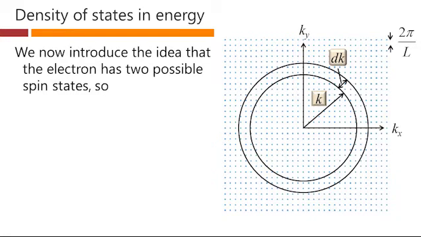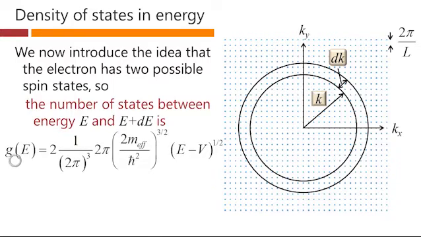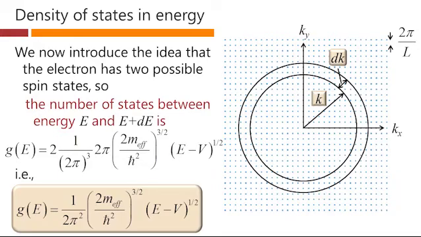Now we need to introduce empirically the idea that the electron has two possible spin states. So the total number of states between the energy E and the energy E plus dE is twice what we've been talking about. So we can call this density of states in energy, G of E, 2 times what we just wrote down, allowing for the spin.